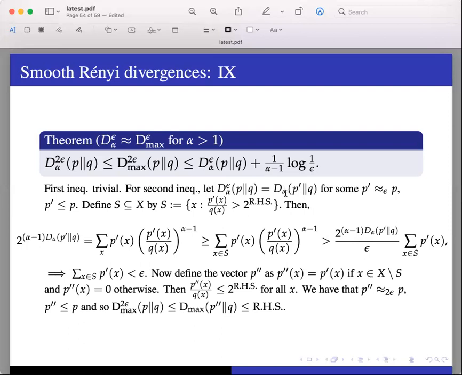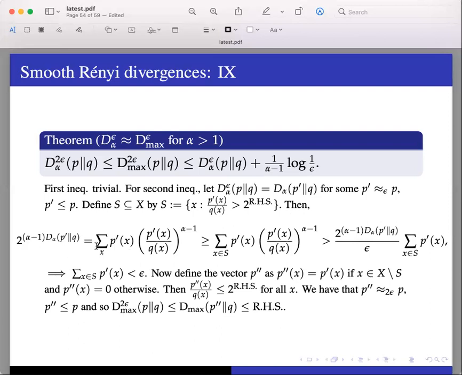So the smooth divergence for p with respect to q is exactly the non-smooth divergence of p prime with respect to q. Now let me define a subset of my sample space. S is the subset of those symbols x where the ratio p prime x by q x is larger than 2 to the right hand side. This is the right hand side. Then what can I say?